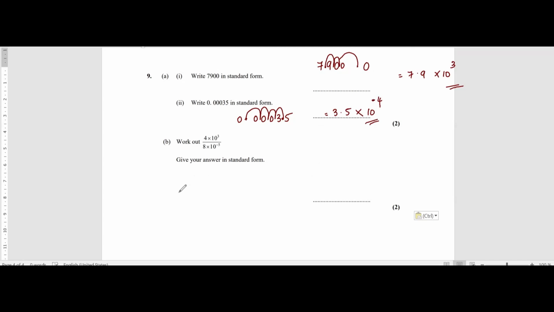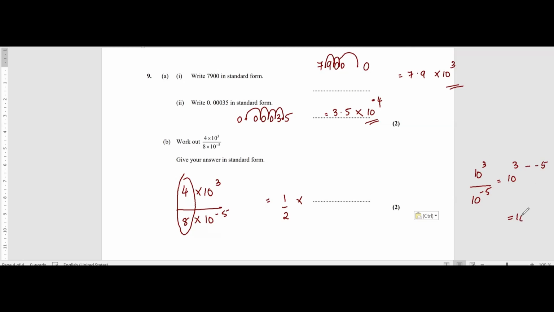Finally, the last question here, 4 into 10 to the power of 3 divided by 8 into 10 to the power of minus 5. First, we will divide the numbers here, 4 and 8. 4 and 8 will give us 1 by 2 into, now 10 to the power of 3 divided by 10 to the power of minus 5 will be 10 to the power of 3 minus minus 5.